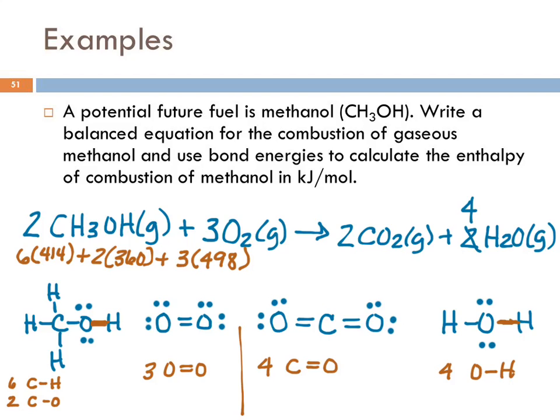I have to put this money in, and hopefully I'm going to get a payoff, right? So those are all positive, and then the bonds being formed are negative. So minus, and we decided there were 4 carbon-oxygen double bonds, and this is CO2, so we're using the 799, right? Yeah. 799 minus the 4 oxygen-hydrogen bonds, 464, and then we have to add all this up.